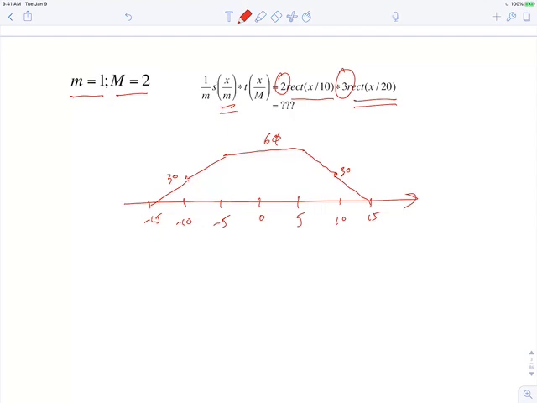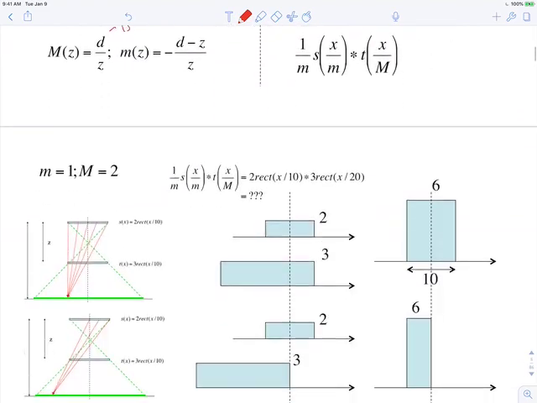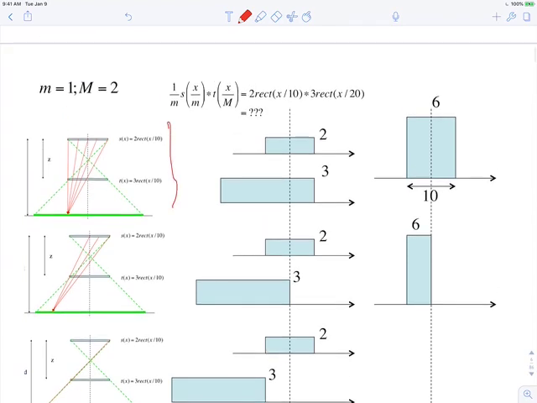All right. So let's actually go through the mechanics of how you would think about doing this as a convolution, okay? And see if we get the same answer. So what I've shown you here is the physics side, and now we're going to do the math side, okay? So here is my rect of x over 10 with a factor of 2, okay?